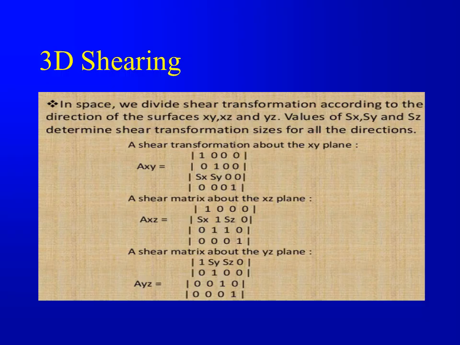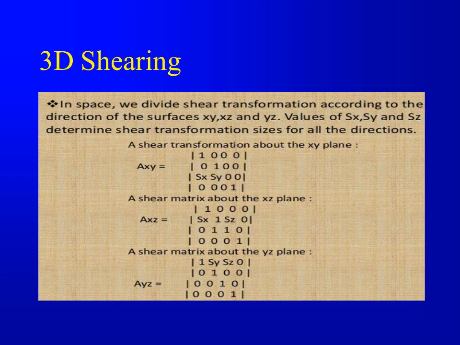Okay, so in this slide we see that we divide the sharing transformation according to the direction of the surface, like xy, yz and xz, right? So the values of sx, sy and sz determine the sharing transformation of size for all the directions.